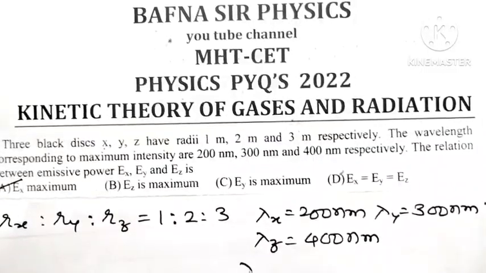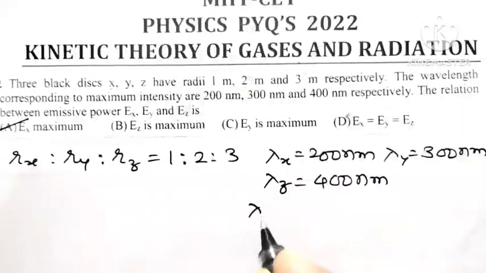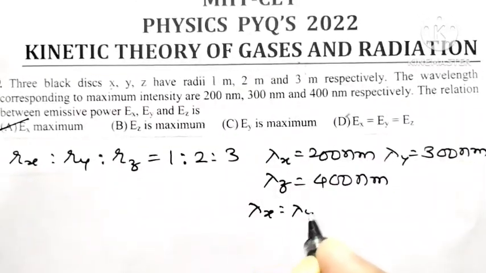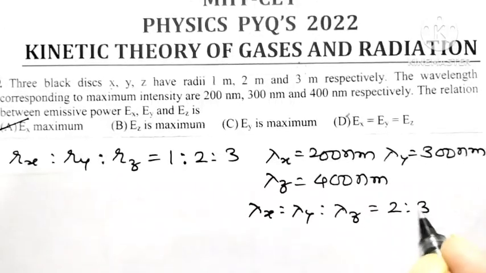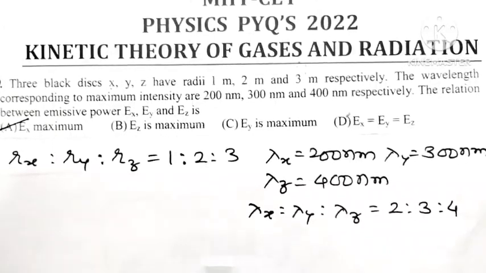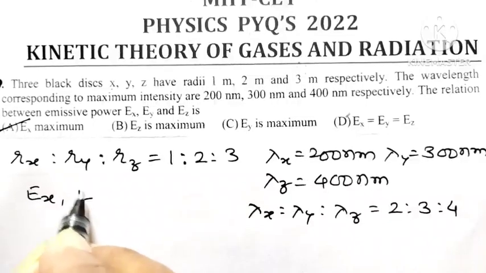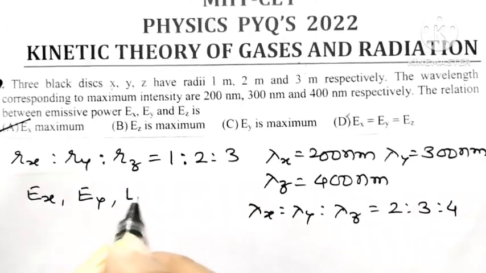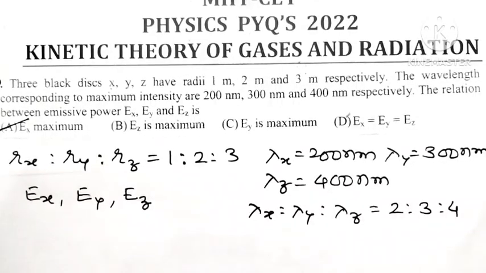It means lambda X as to lambda Y as to lambda Z is equal to 2 as to 3 as to 4. Then what is the relationship between the emissive power of disc X, disc Y and disc Z?